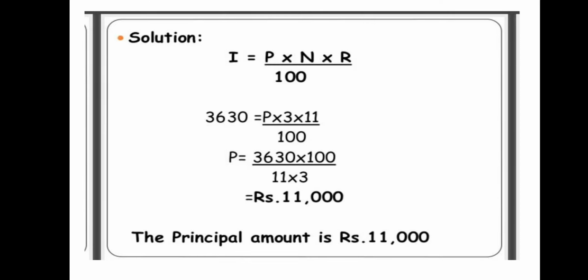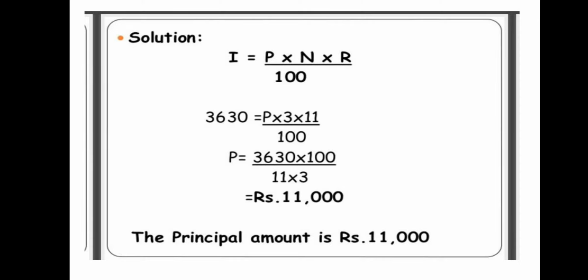The same way. We will use the same formula: interest equals principal multiplied by time period multiplied by rate, upon 100. Then we put in the values: the interest, the principal which we don't know, the time, so we put 3, and the rate which is given, divided by 100.